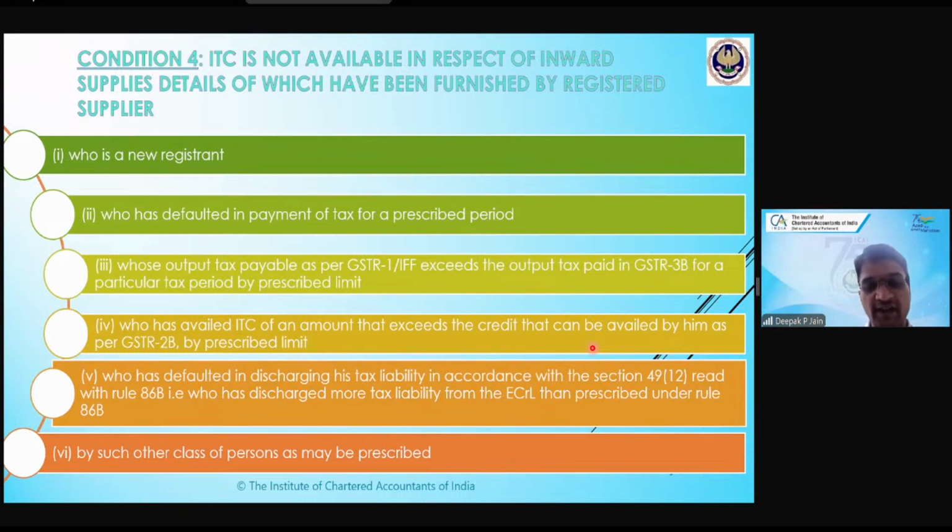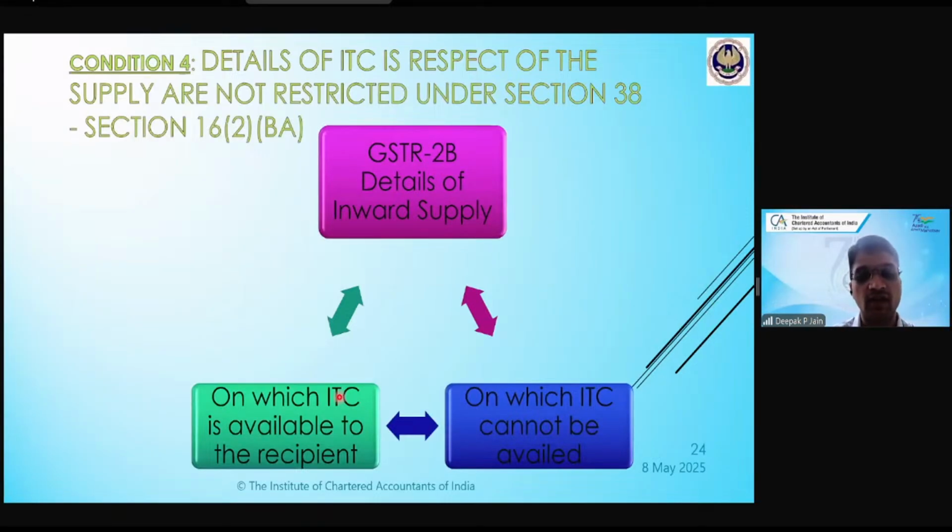Who has violated the rule 86B, from such a person if you buy, even then your credit will be restricted. And the sixth category is one which the government has the power to specify apart from these 5 categories. If there's any 6th category which they find, then that credit also will be restricted. So that is what Rule 86B says, that on these categories of people you cannot claim the credit.